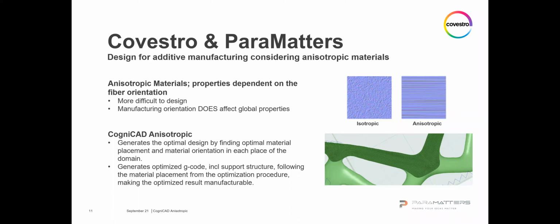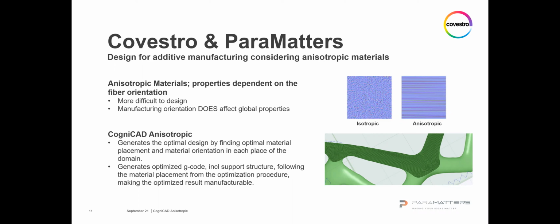The challenge becomes when we deal with materials like composites, which have a given fiber orientation, and along the fiber orientation, stiffness and strength are hundreds of percent, sometimes orders of magnitude, stronger than perpendicular.